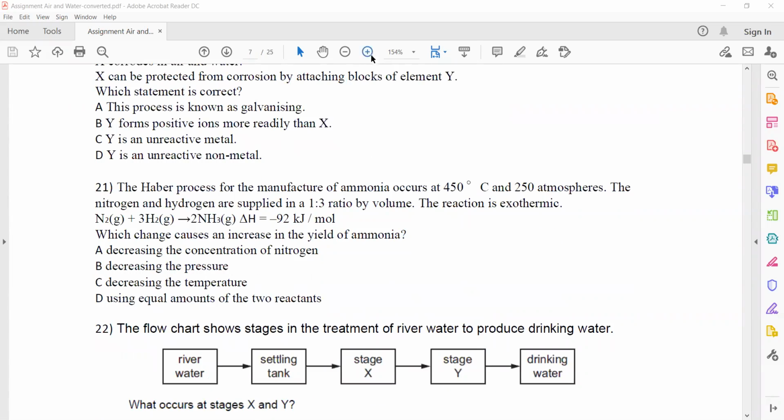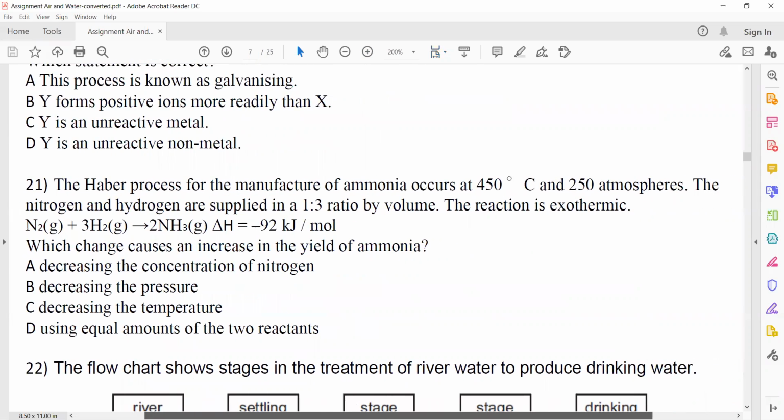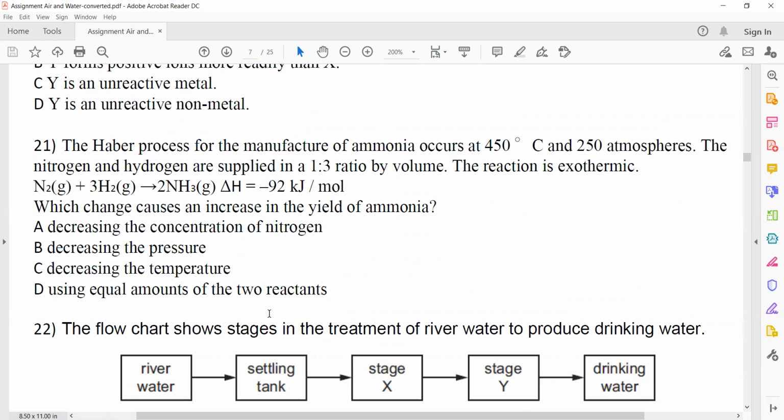Question 21. The Haber process for manufacture of ammonia. Which change caused an increase in yield of ammonia?